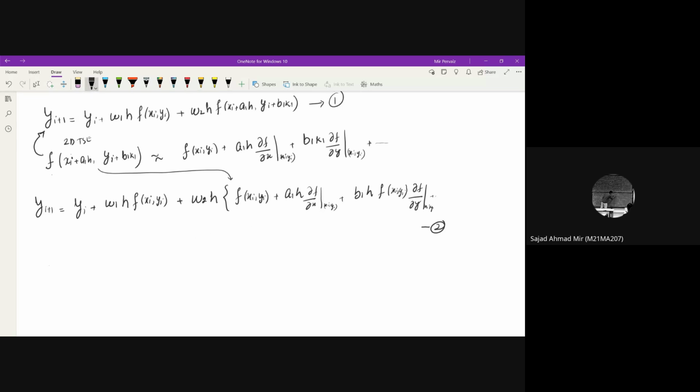Now your original solution is y of x, and the solution to your original system can be approximated with its Taylor series at the point xi plus 1.